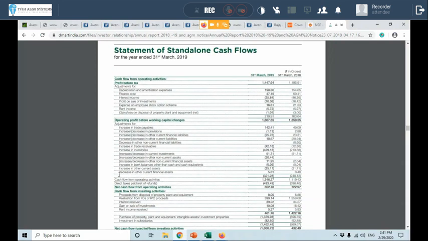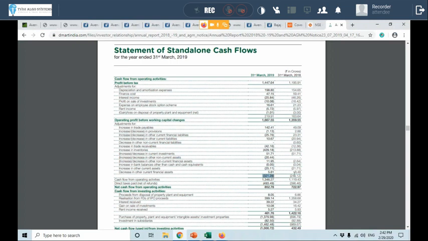See, this is my change in working capital. See, this is my operating profit before working capital, and this is my adjustments for working capital. This 321. So earlier my business required working capital of 240. Now my business requires working capital of 321.